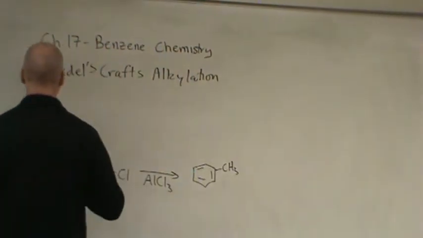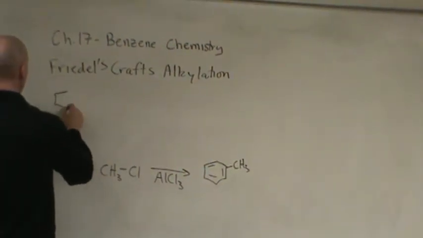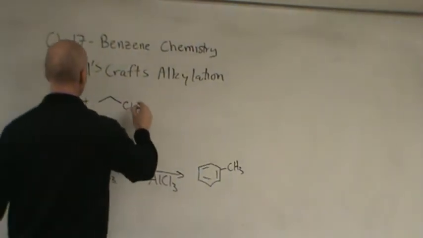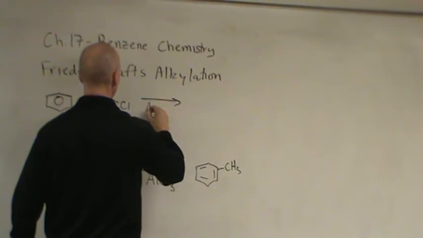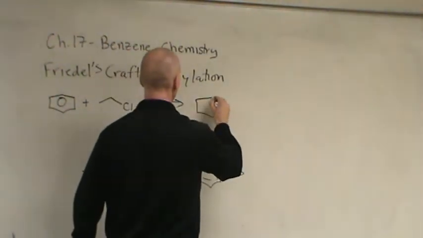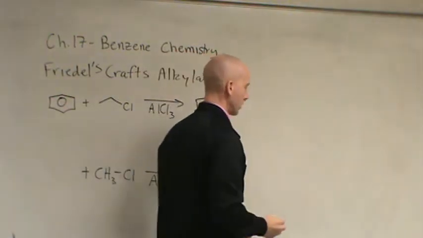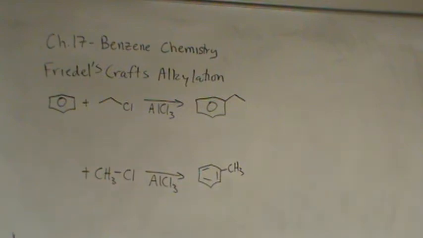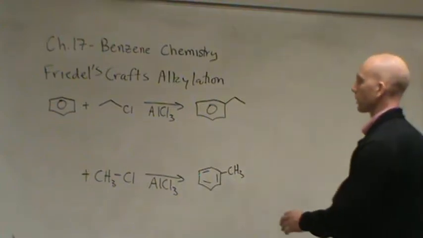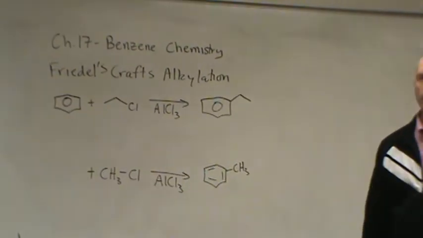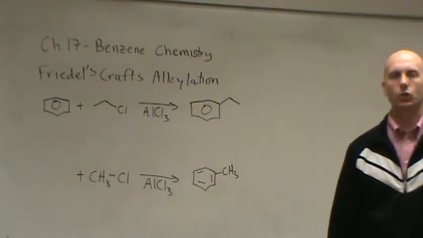Let's look at another one. Okay, here be an example how to put on an ethyl group. Okay, so just put the ethyl on the chlorine, and it goes right on the benzene ring. Very easy reaction.